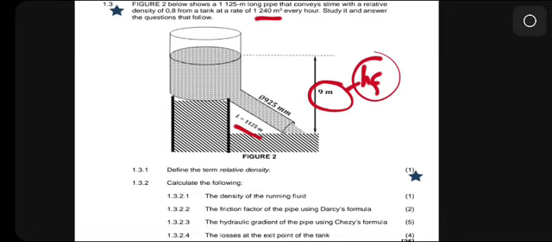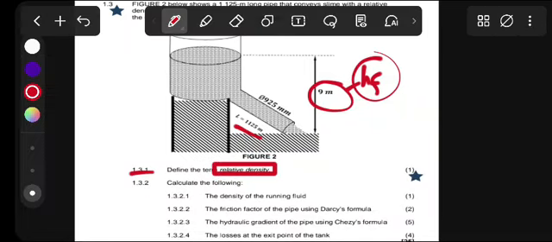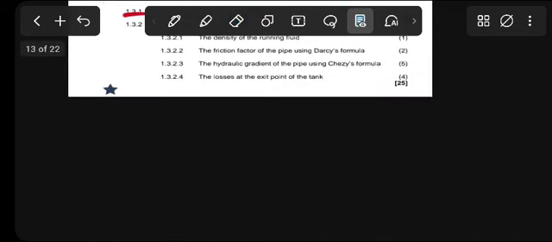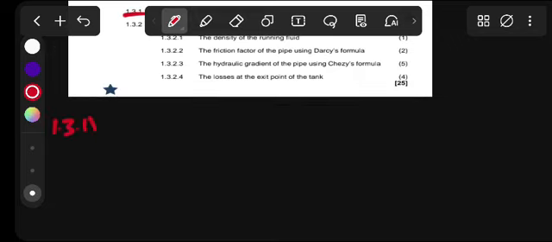For question 1.3.2, it says define the term relative density. What is relative density, guys?